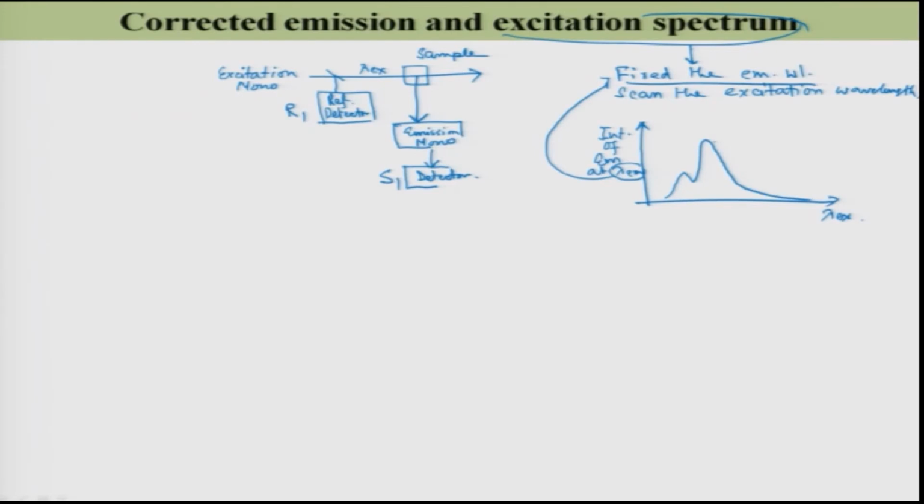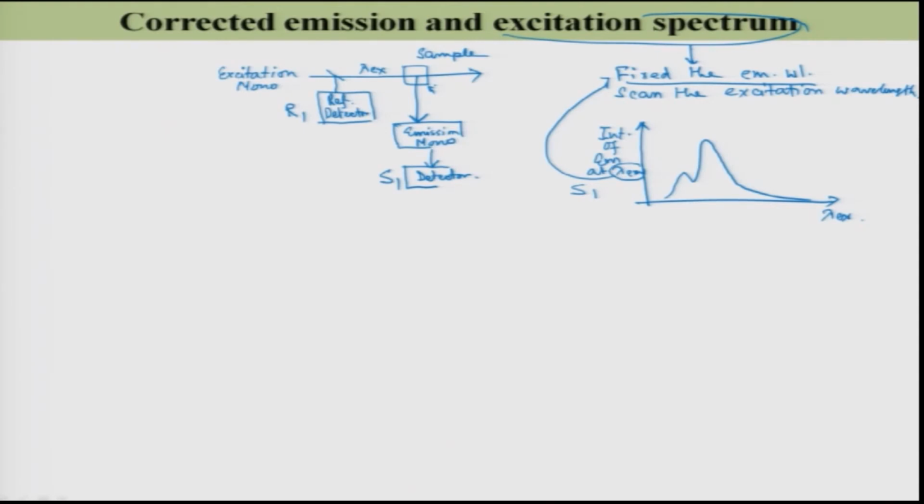Okay. So, either you can plot S1. If you plot S1, what will happen? If I simply plot S1, then the emission intensity coming out of this sample is a function of concentration, and concentration remains the same. It is also a function of excitation light intensity.